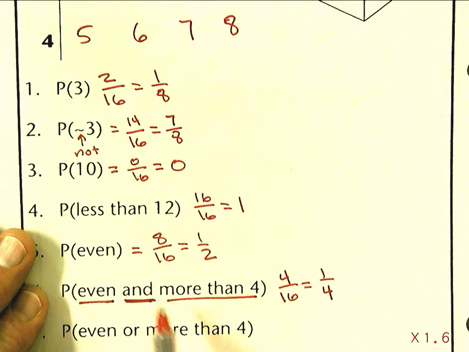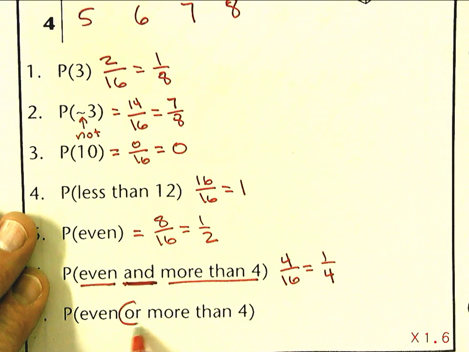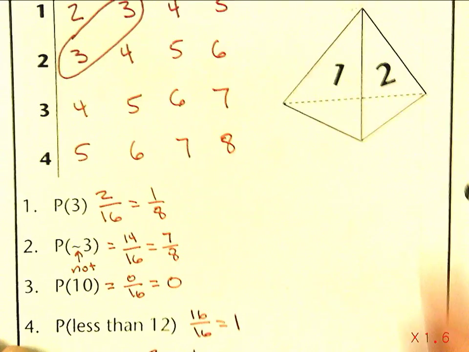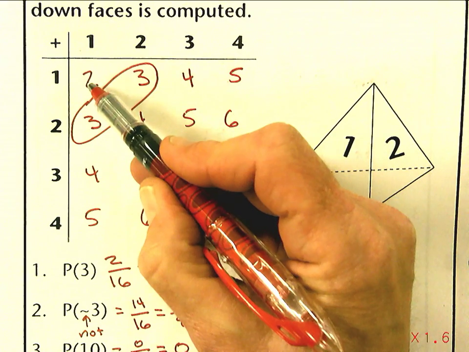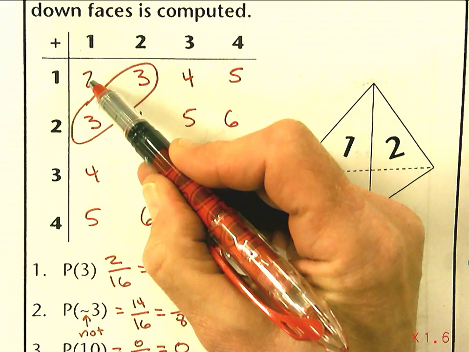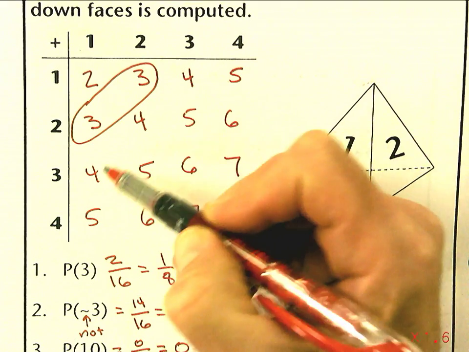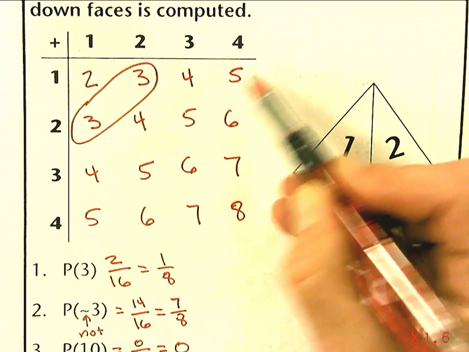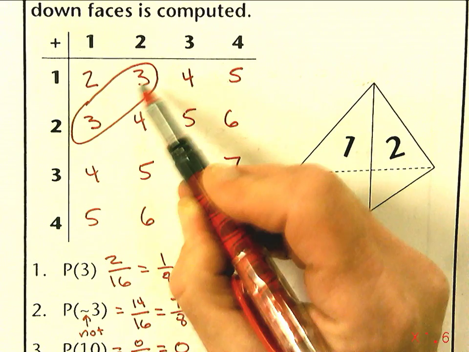Now, we've said this in a previous lesson, the AND statements always give you less because they're more exclusive. Both things have to be true for an AND statement, and so it usually reduces the number of possible outcomes. Whereas an OR statement always gives you more, because in this case we can have anything that's even or more than 4. So we're going to take all of the evens and anything that's more than 4. If you look at this case, that one's even, these are even, and then everything else is either even or more than 4. The only thing that's excluded in this case are the two 3s.